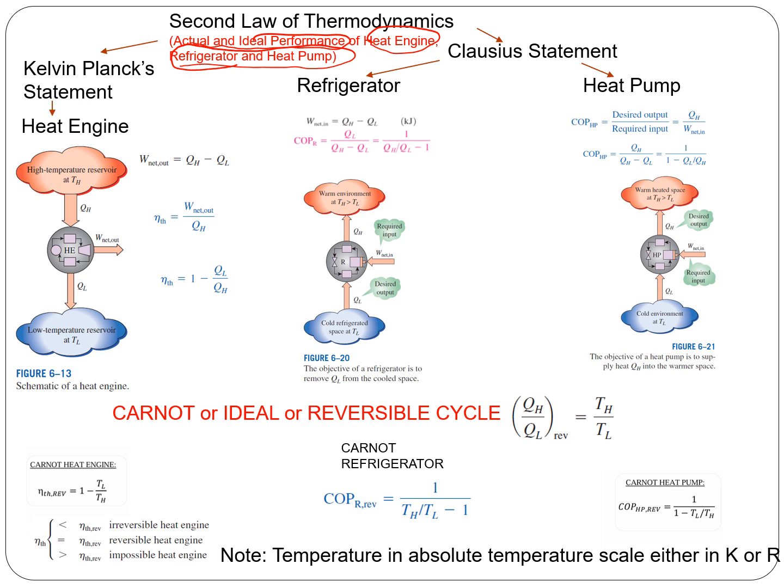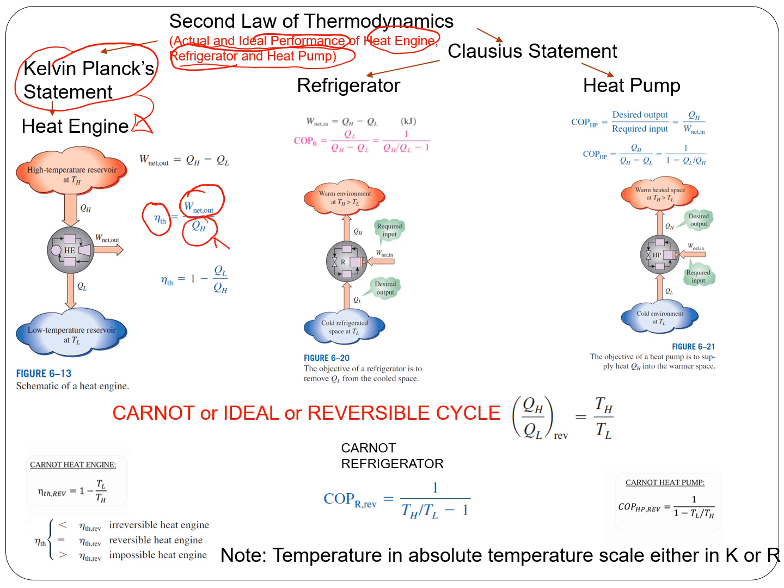The second law of thermodynamics can be defined based on the Kelvin-Planck statement, which is related to the heat engine, and we want to find the performance of the heat engine. For finding the performance of a heat engine, it is given by the thermal efficiency. In the heat engine, work is produced, so how much work is produced divided by how much energy you supplied.